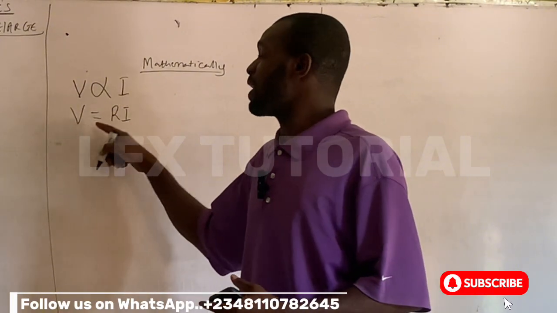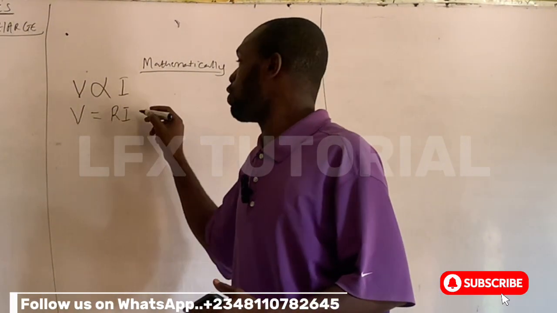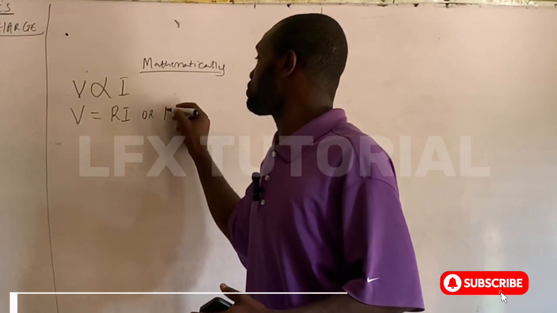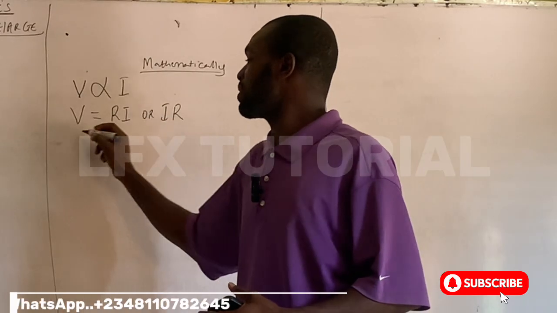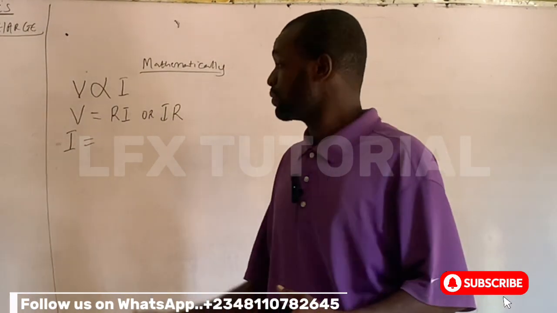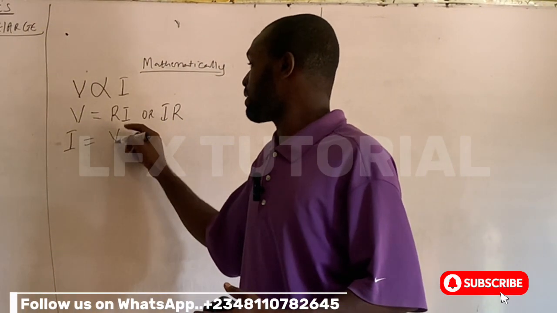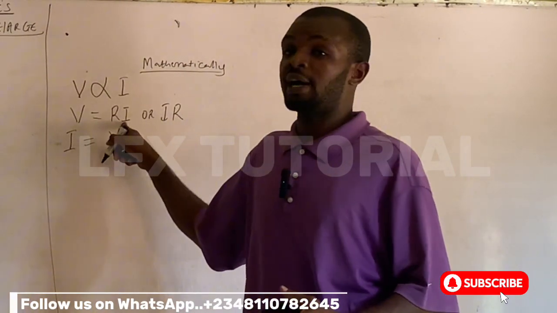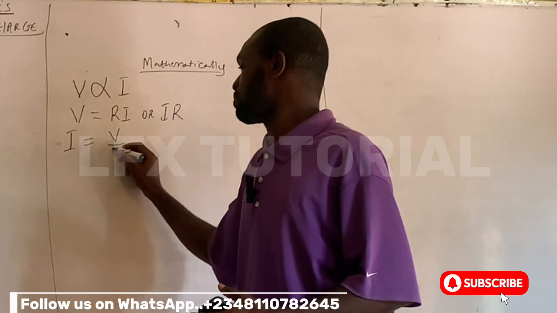So we have V equal to RI, or V equal to IR. If you're making I the subject of the formula, what will happen? The relationship is times, and if times is crossing, it changes to division.